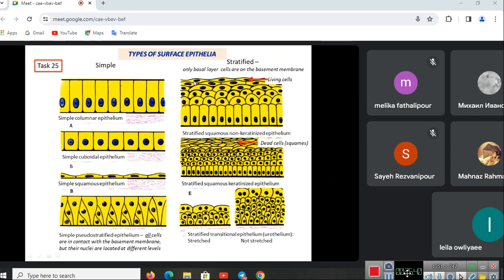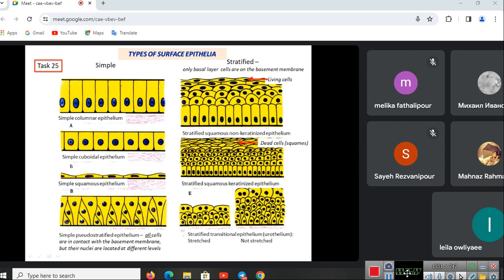They are not keratinized. They are not like dead squames in the skin epithelium, and not as hard as hair or nails, which are keratinized structures. So here we have non-keratinized epithelium because at the surface we have living cells.